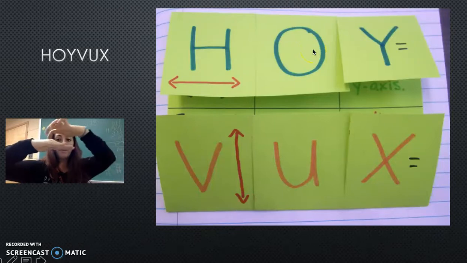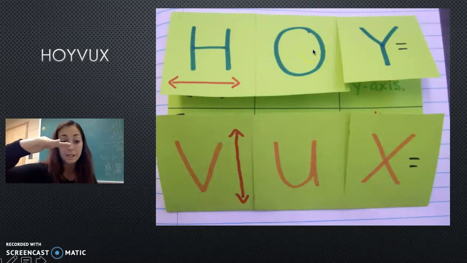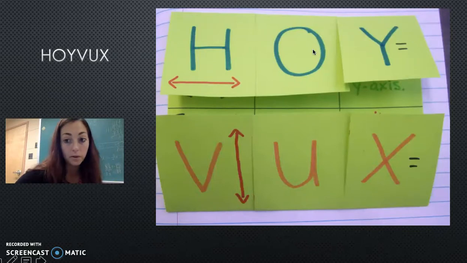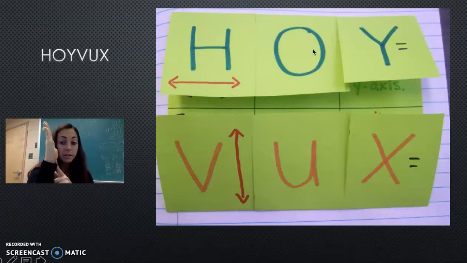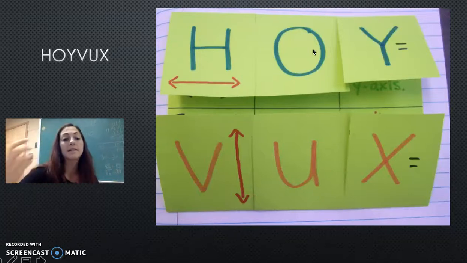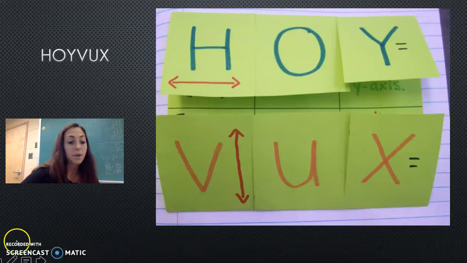Because I'm walking right across, I have no slope, my slope is 0. And then Y is my y equals a number, and it will cross the y-axis. For VUX, V is vertical line, the slope on a vertical line is undefined, and it'll look like an x equals. All right, so that's HOIVUX for you. Awesome. We'll learn more about standard form and all this fun after.